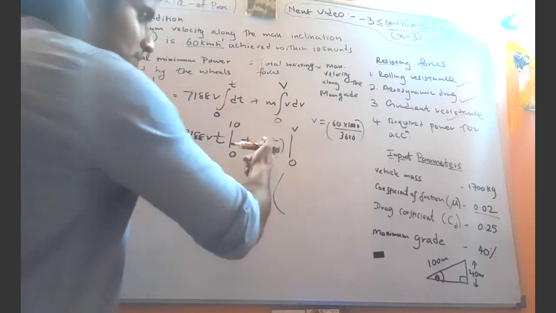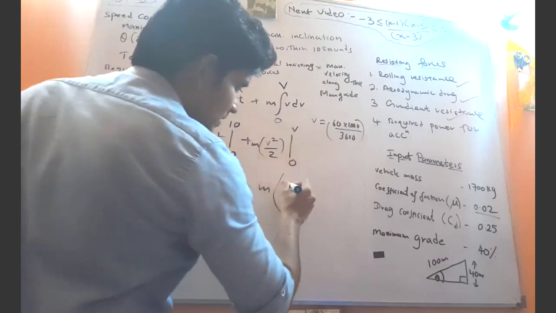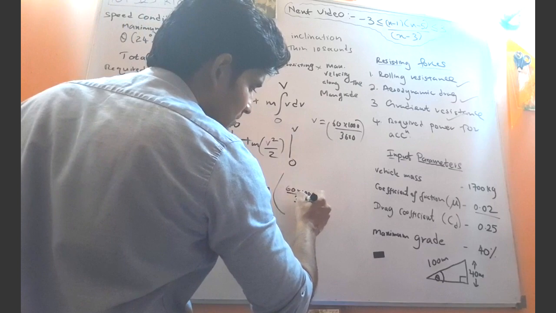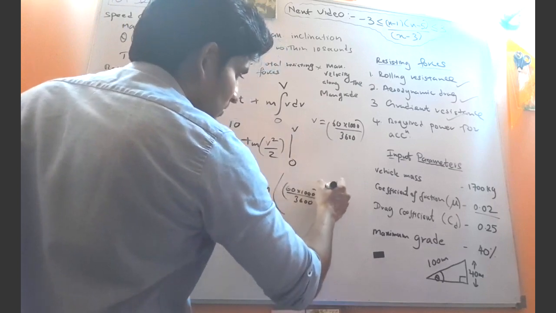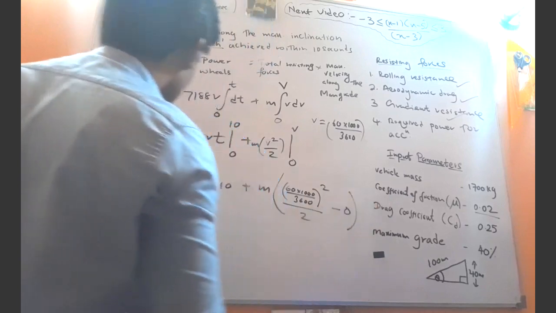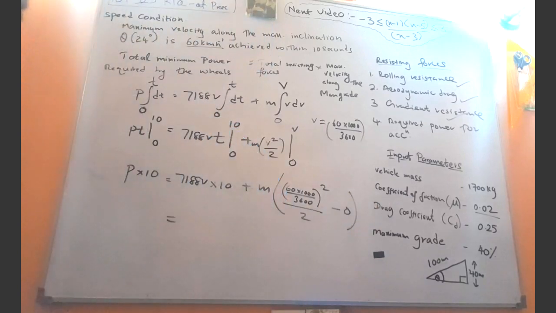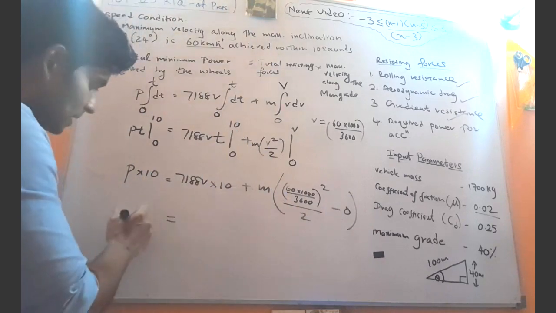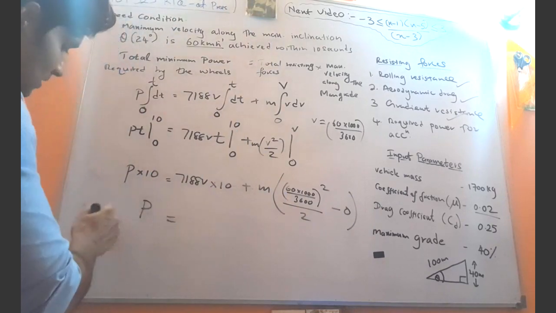So now here what is v? V is, be very careful, 60 multiplied by 1000 divided by 3600, whole thing squared divided by 2 minus 0. Now in this part, if you carefully do the simplifications, you will obtain the value of P. Actually, what is P here?